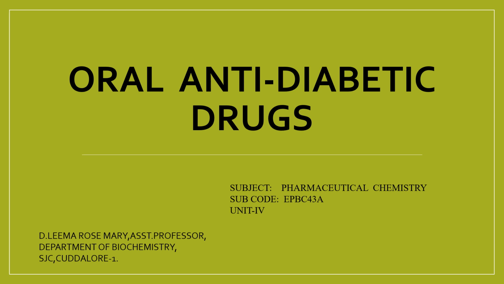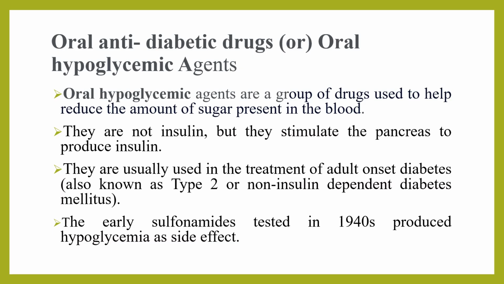Now I am going to talk about oral antidiabetic drugs. Oral antidiabetic drugs are used for diabetic patients. These drugs are otherwise known as oral hypoglycemic agents. Oral hypoglycemic agents are a group of drugs used to help reduce the amount of sugar present in the blood.